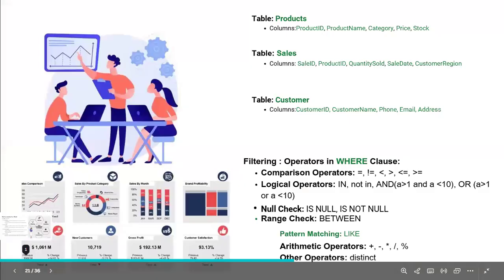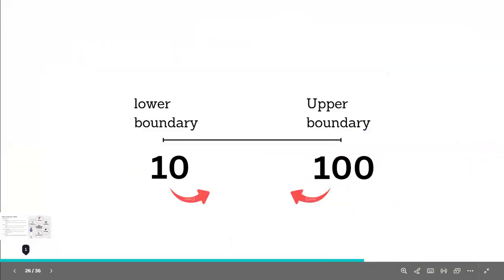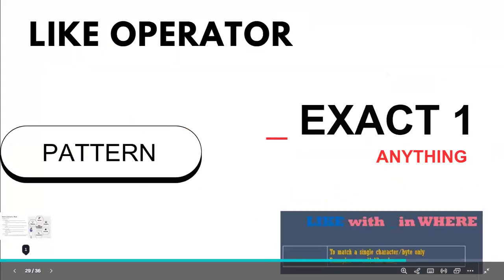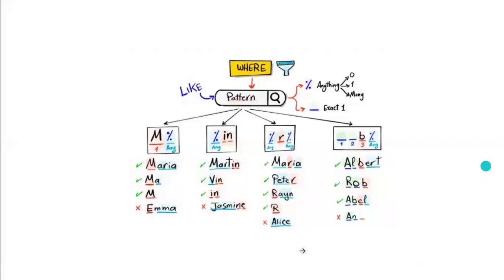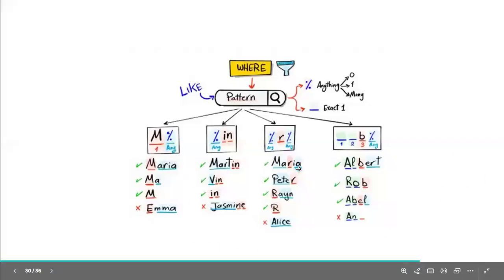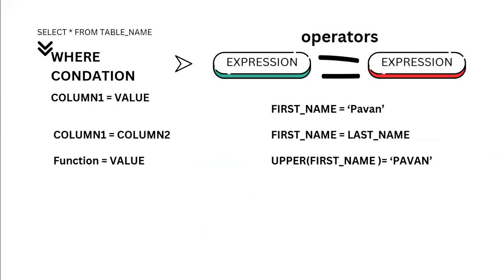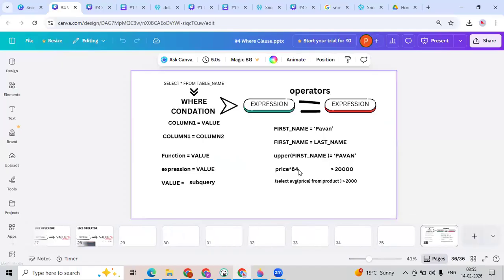Rank, row number, all those functions are available and will work. The like operator will also work exactly the same way. As of now we have two wildcards, percentage and underscore. This will work in the same way as well. That's it about the where clause.